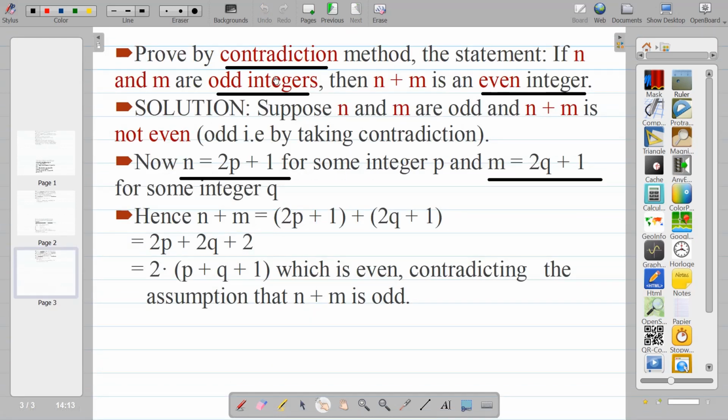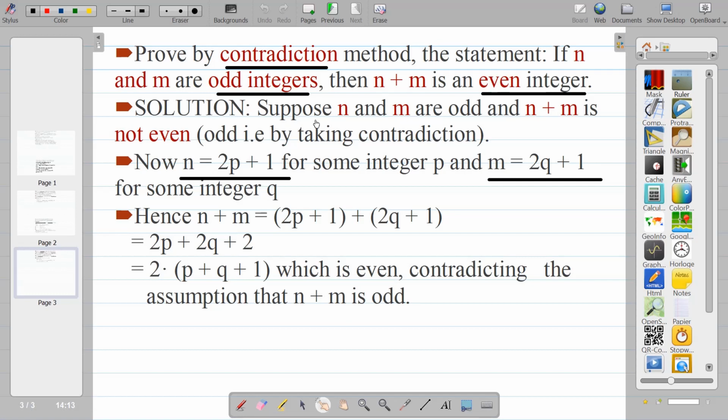Now we want to prove by contradiction the statement that if n and m are odd integers, then n plus m is an even integer. We are just saying if we have two integers n and m, and if they are odd, if we add them, then we will get an even integer.